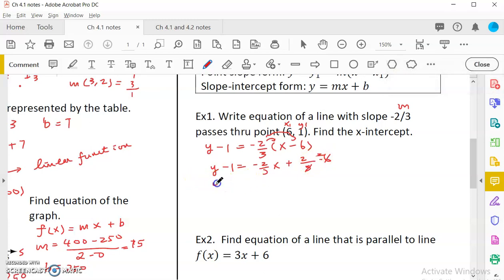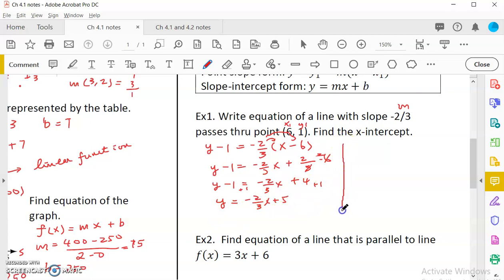So you get y minus 1 equals negative 2 over 3 x plus 4. And then to have y on this side, I add 1 on both sides: y equals negative 2 over 3 x plus 5. So this is the equation of the line.